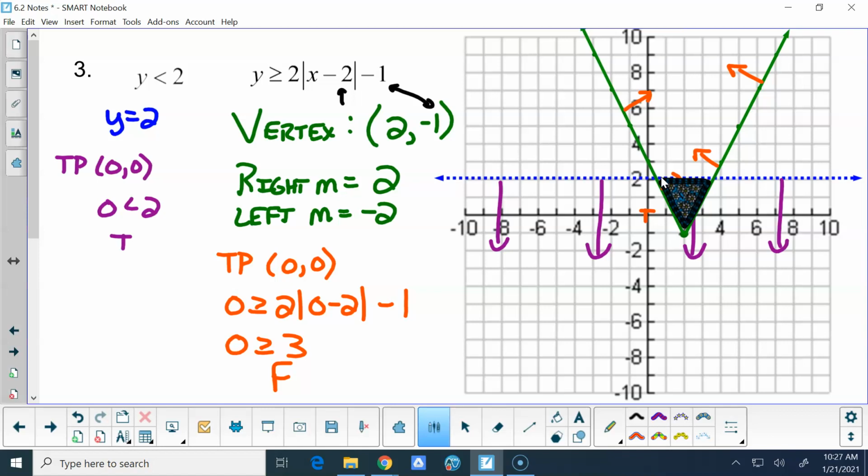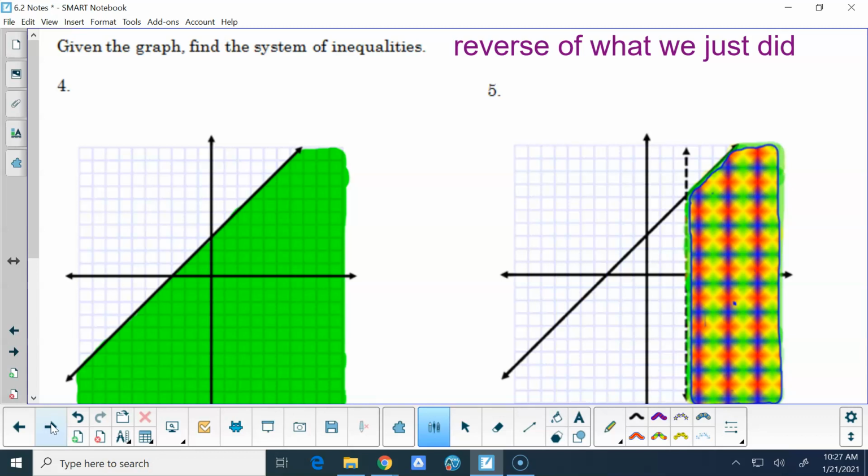Love it. Now that we're experts at this, let's go in reverse of what we just did. So now I'm going to give you the picture. I want you to give me the system of inequality.